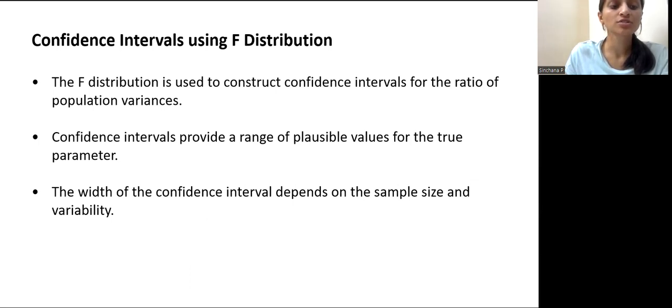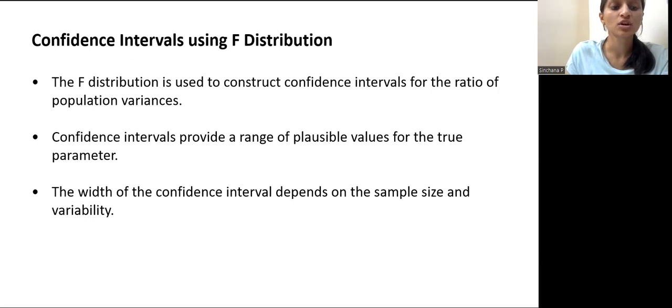Lastly, a disadvantage of the F distribution is that it is limited to balanced designs. The F test is most reliable when used for balanced designs, when sample sizes are equal across groups. Imbalanced designs can lead to reduced power and potential bias in the results. Despite these disadvantages, the F distribution remains a valuable tool in statistical analysis, particularly for comparing variances or testing hypotheses involving multiple groups.